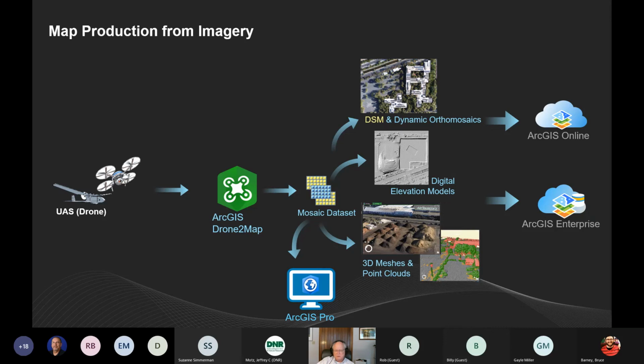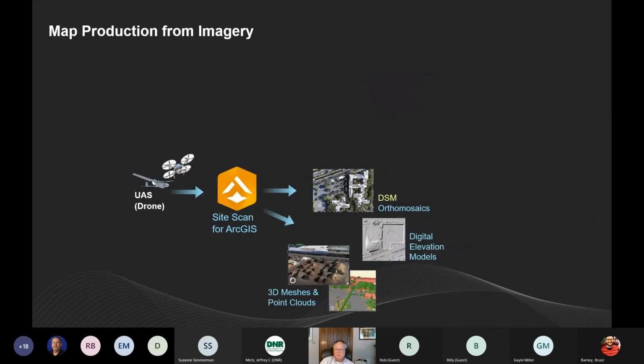So if you have Pro, you're that much further ahead, and you can take advantage of the processing components that are in Pro. When you start looking at taking that workflow and modifying it to deal with, let's say, a simplified overview of what SiteScan brings, you'll see a lot of similarities.